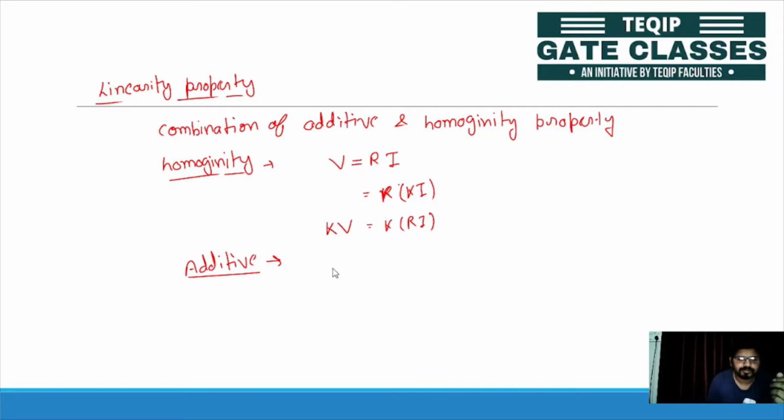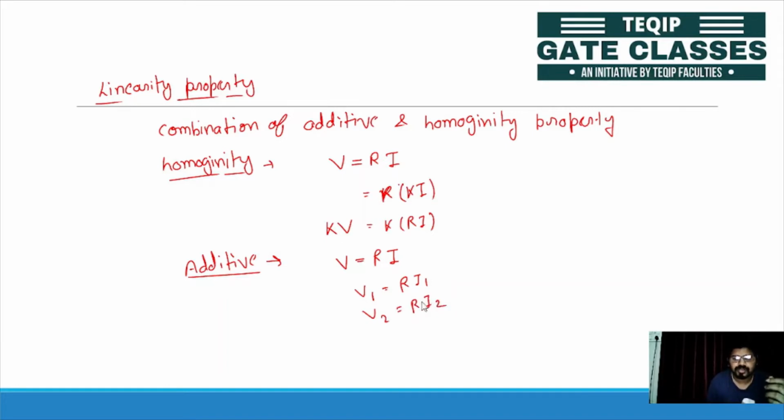Taking the same example, the voltage current relationship, suppose we have a V1 response for I1 input and V2 response for I2 input.